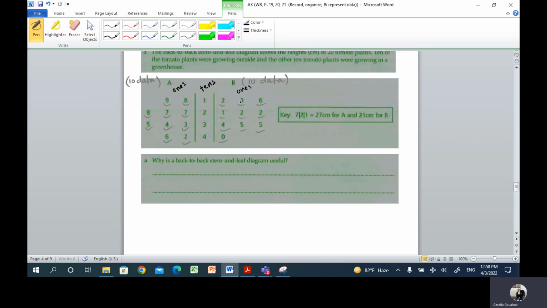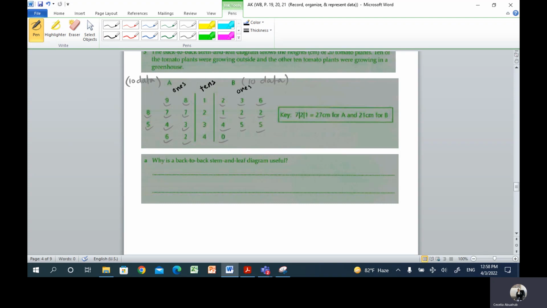It will be 13. How do we read the 4 in A? Here, the 4, it will be 34. How do we read the 5 in B here? It will be 35. So the key here, 7 to 1, means it will be 27 for A, while it will be 21 in B.